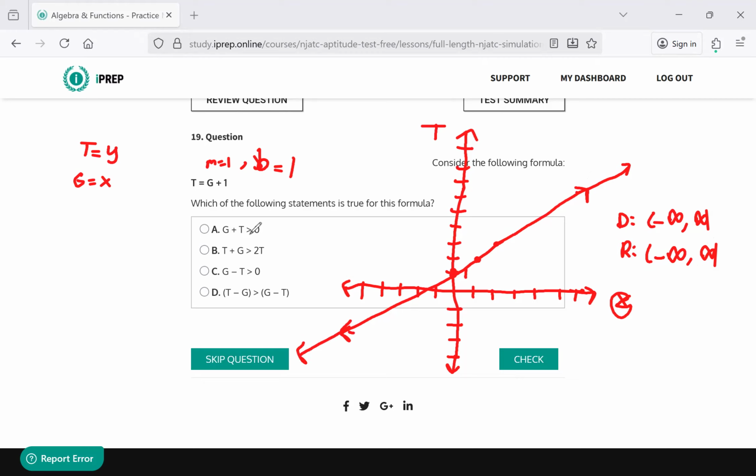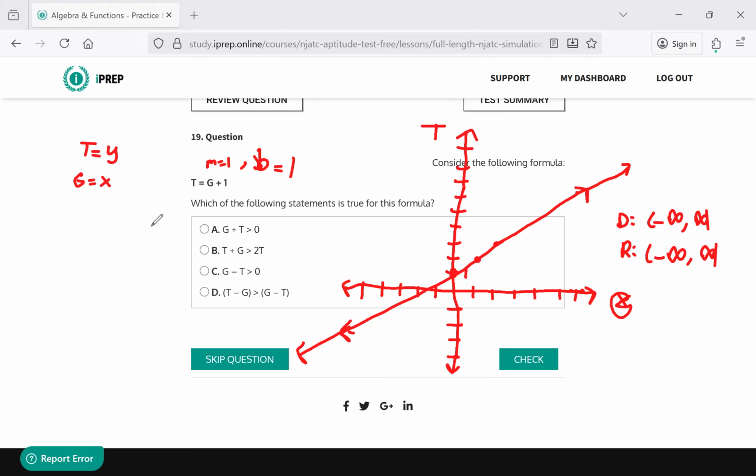Okay, what is g plus t? So what I would do is substitute my value. t says it's g plus 1.